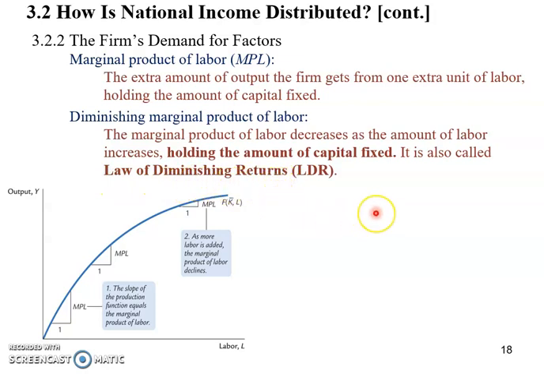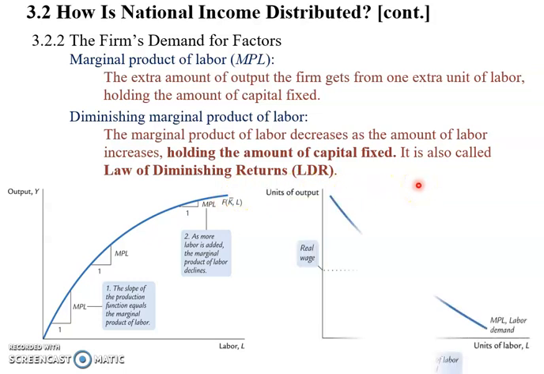Another way we could express the same idea on the graph is to draw the MPL curve. We put units of labor on the horizontal axis, and units of output on the vertical axis.